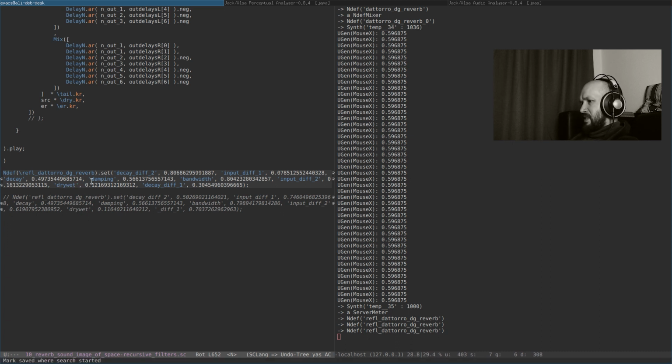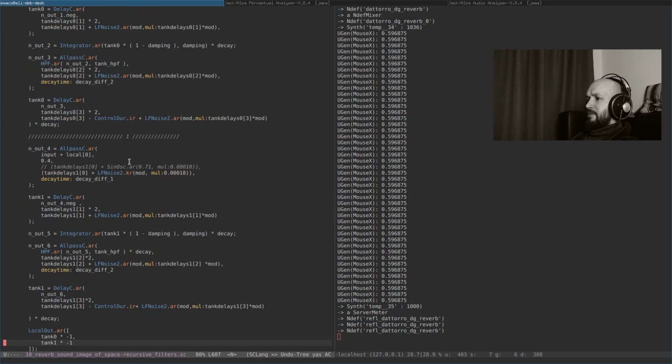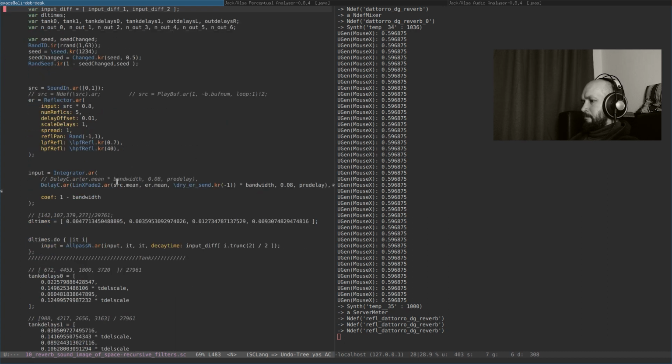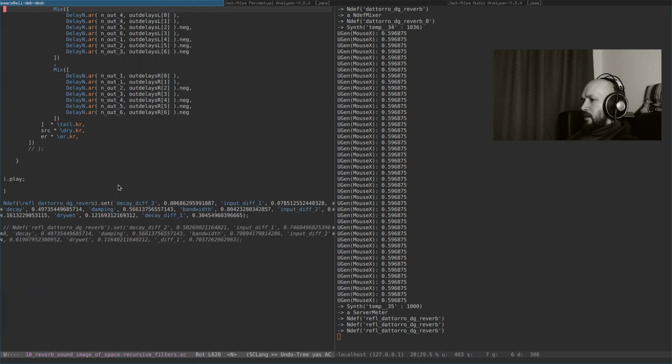Well, this set command. But in Ndef, if you use Ndef like this one, you can set all the parameters with one command, .set.